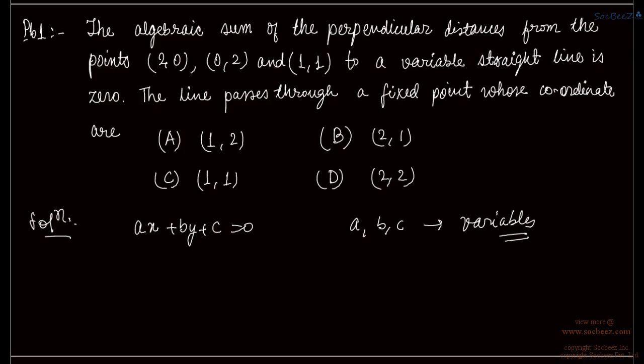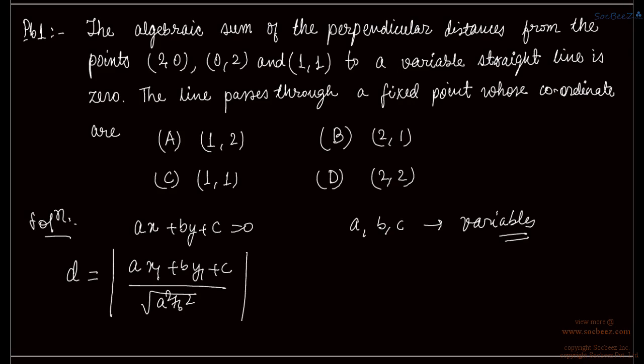That means, what is the distance of a point from a line? The distance of a point from a line is (a x1 plus b y1 plus c) upon square root of a square plus b square, right? This can be negative or positive, but since we are finding the distance, we take it as a positive quantity.